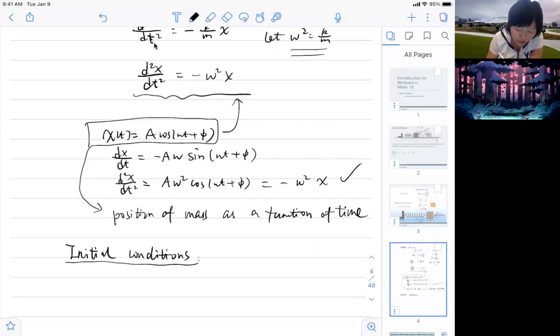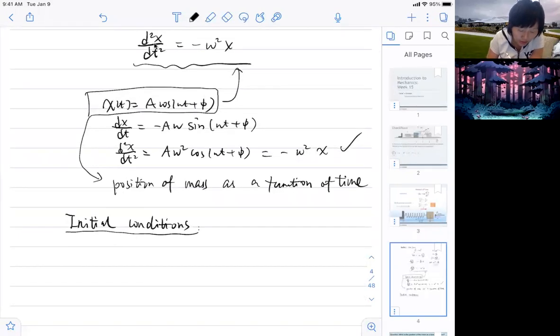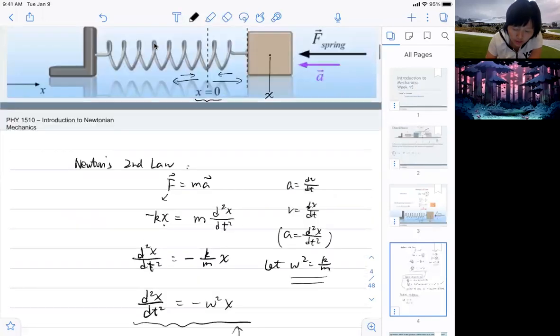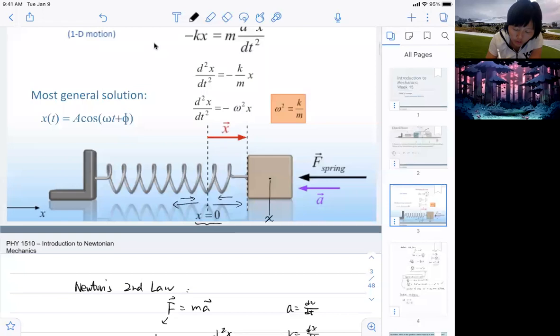So what are the initial conditions? Well, initially, you can say at t equals 0, the initial position of the mass could be at a maximum distance d, which means that at t equals 0, you have dragged the mass to a distance d away from the origin where x equals 0.